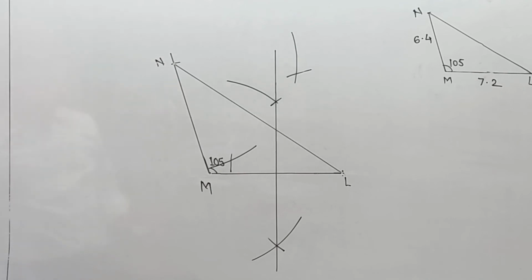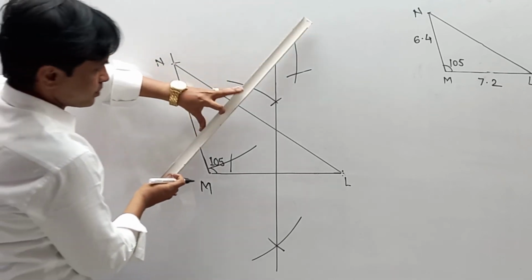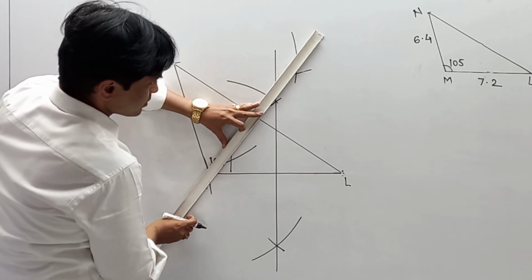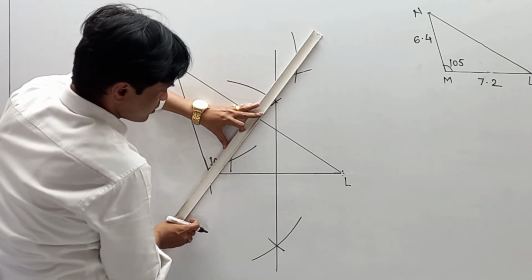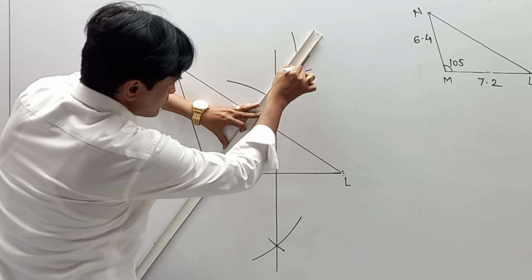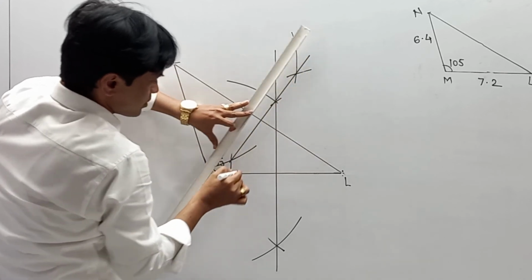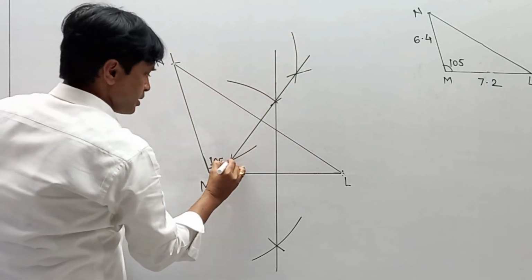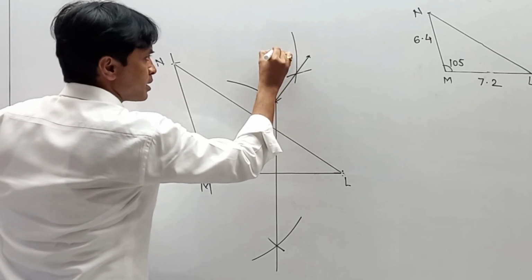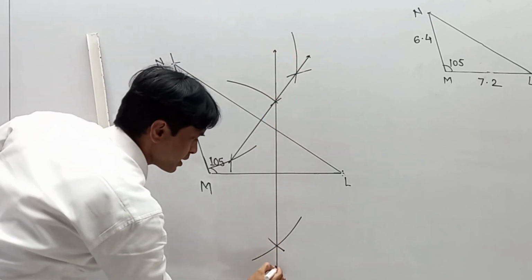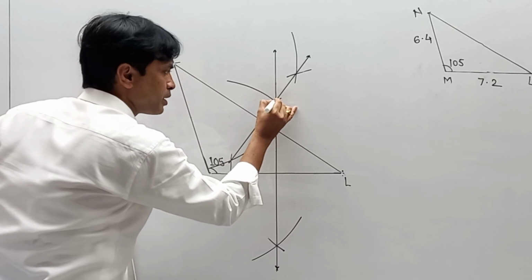Now here I am going to draw the perpendicular bisector. Now both these lines intersect at a common point over here.